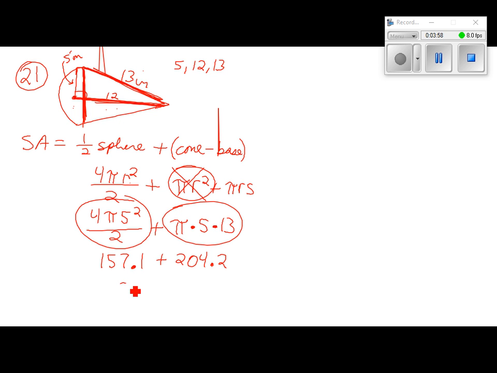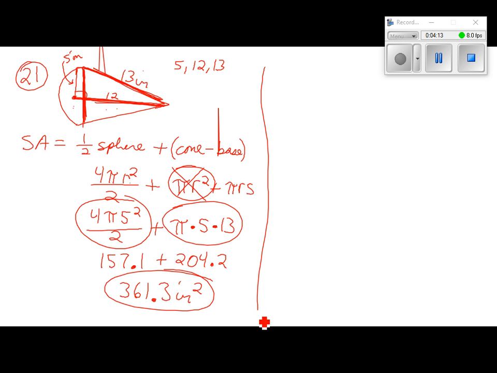And I end up with 361.3, and our units were inches, and we're doing surface area, so it's area, so inches squared. 361.3 inches squared.